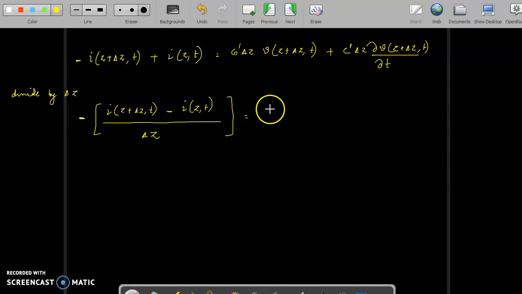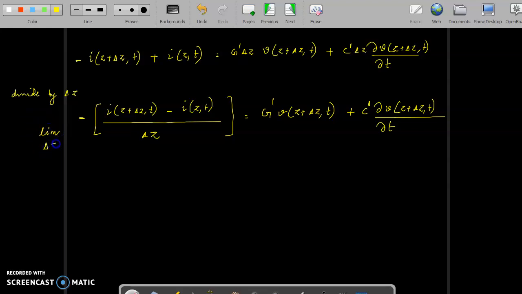So Δz cancels, leaving only the conductance term, plus Δz cancels. Now I am going to apply the limit Δz equal to 0.